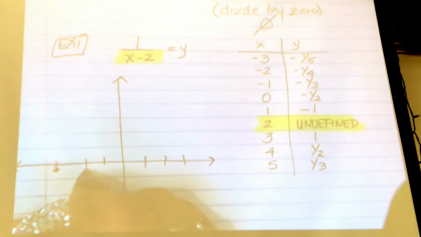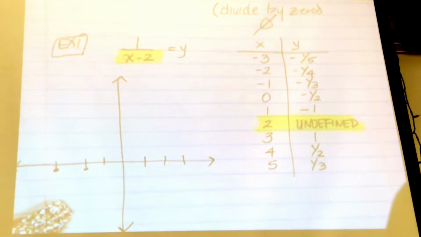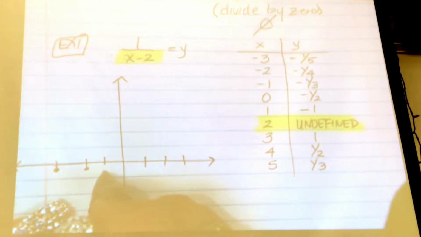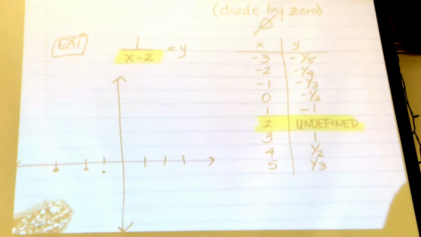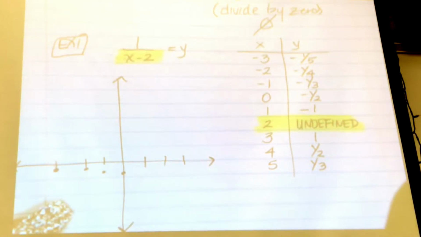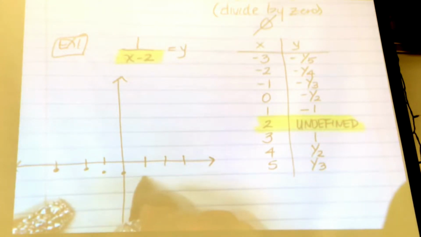So it's just going to be a little bit lower. And then negative 1/3. And then 0 is at negative 1/2. And then 1 is at negative 1.